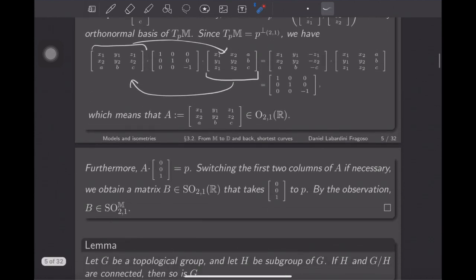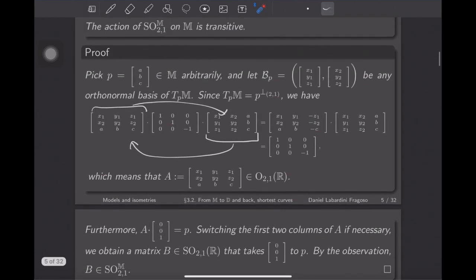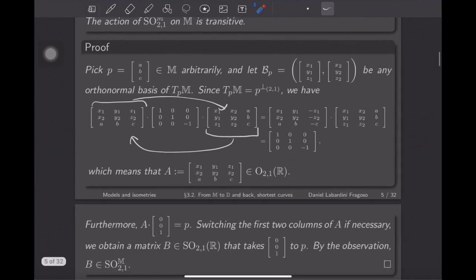But you see, I'm tempted to say, okay, so I'm done. Now the problem is that A itself may fail to have determinant 1, right? But what I know, once I'm here, is that it has determinant 1 or minus 1. But if it has determinant 1, I'm done, right?